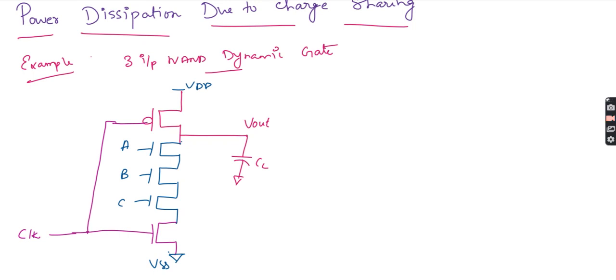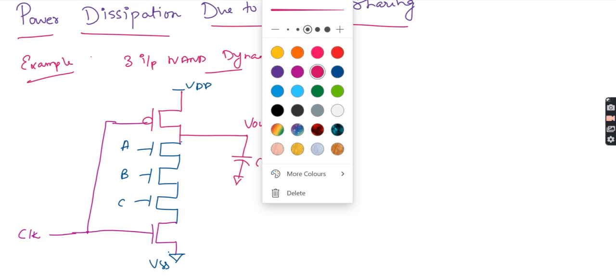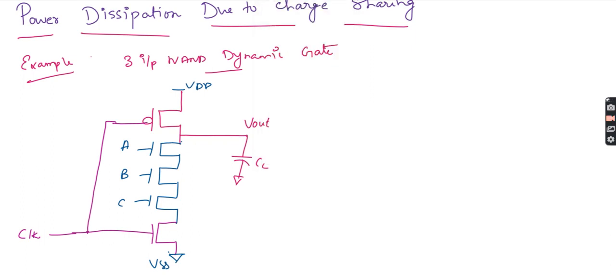Now you may think, where are the internal nodes? See, where is the internal capacitance? The internal capacitances are here: 1, 2, 3. Let me name them C1, C2, C3.